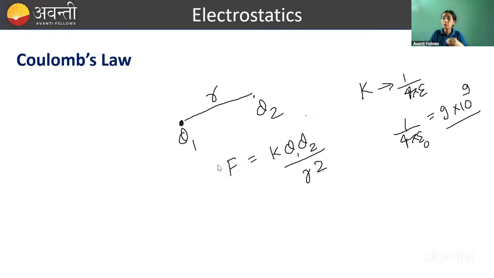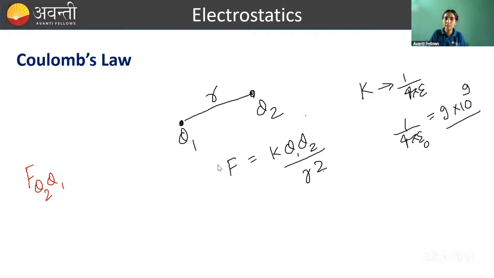So if you talk about now the direction of force, if two charges are of same nature, then force will be repulsive in nature. And here, if we assume that Q1 positive hai and Q2 is also positive, then force acting on Q2 because of Q1 will be directed in which direction? Q2 पे force निकालना है because of Q1.